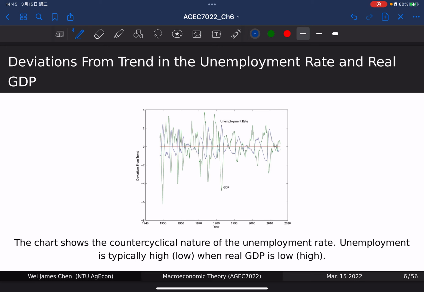For example, here, this is really low GDP and really high unemployment rate. So basically, unemployment rate is counter-cyclical. Counter-cyclical is a term we use to describe when a variable moves negatively correlated with GDP or economic growth.